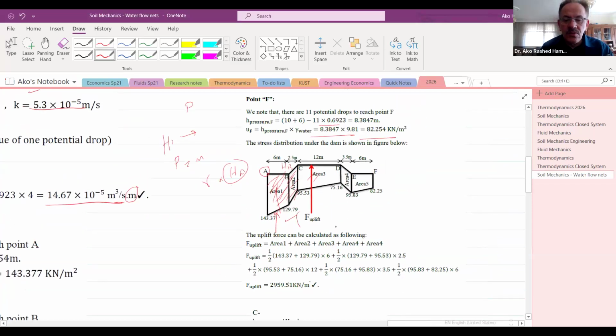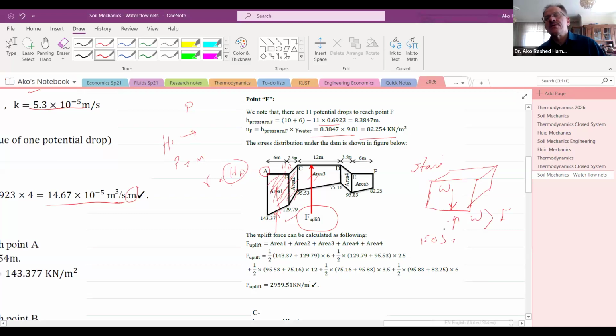For the stability of dams, the dam has its own weight, and it should be more than that uplift force. The factor of safety against rotation: the weight W should be more than F by 2 to 3 times.